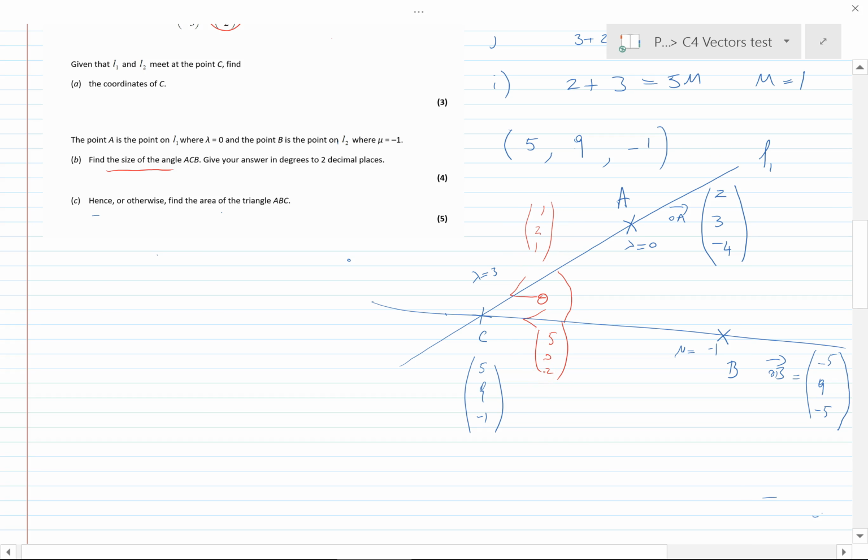Right, now, so I'm just going to work out cos theta, the dot product, that's 1 times 5 on top, plus 2 times 0, plus 1 times 2, all over the moduluses of these, so that's 1 squared plus 2 squared plus 1 squared, and 5 squared plus 0 squared plus 2 squared.